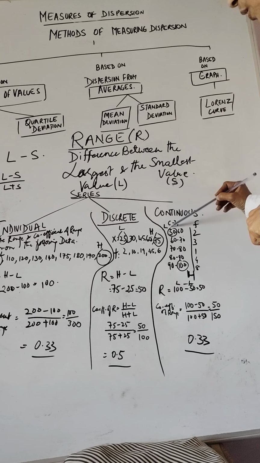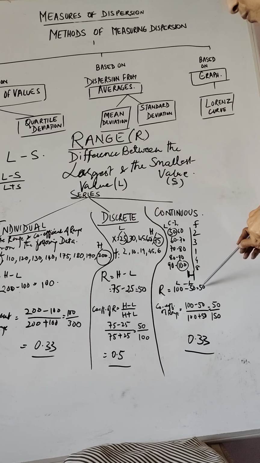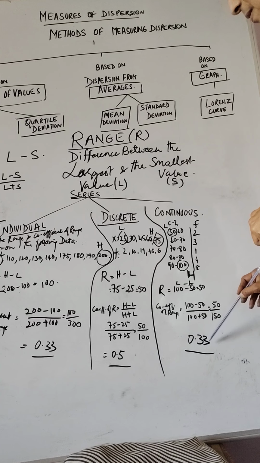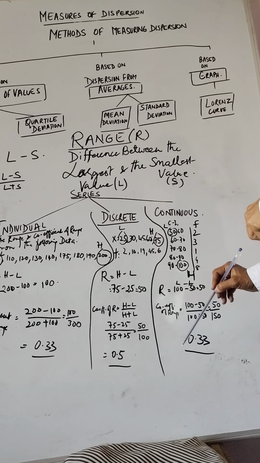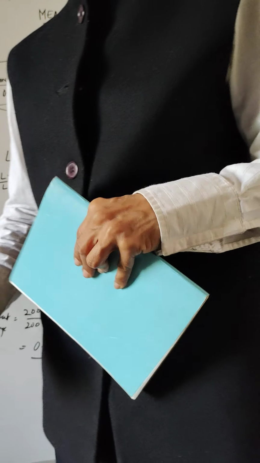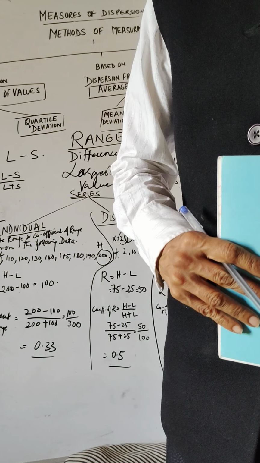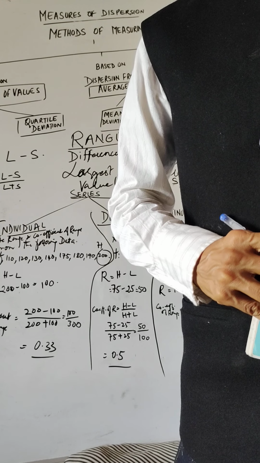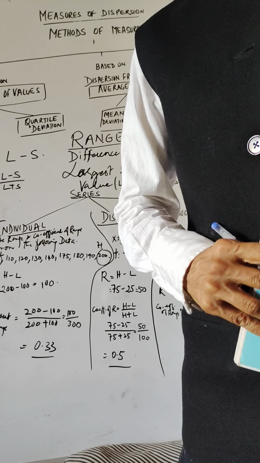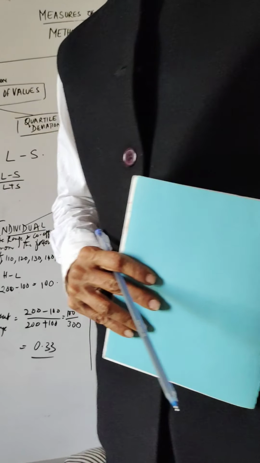So highest minus lowest works out to be 100 minus 50 is 50. And 100 plus 50 is equal to 150. So what do you get? 0.33, that is the coefficient of range. I hope you've understood what it is. Now range, again, in all the 3 series, as you've seen, is a simple way of measuring dispersion.